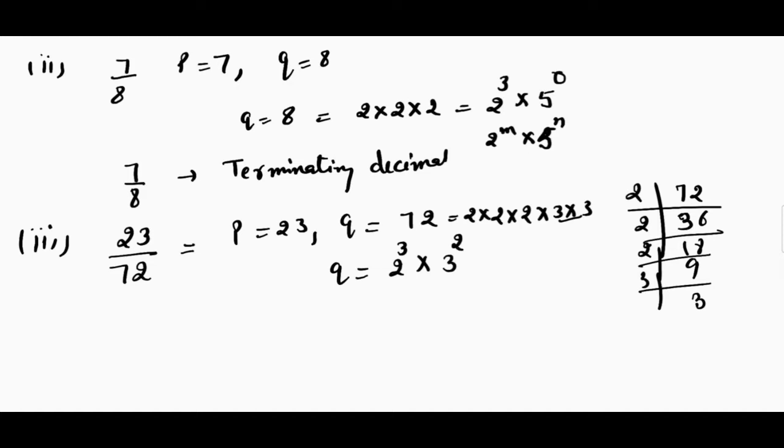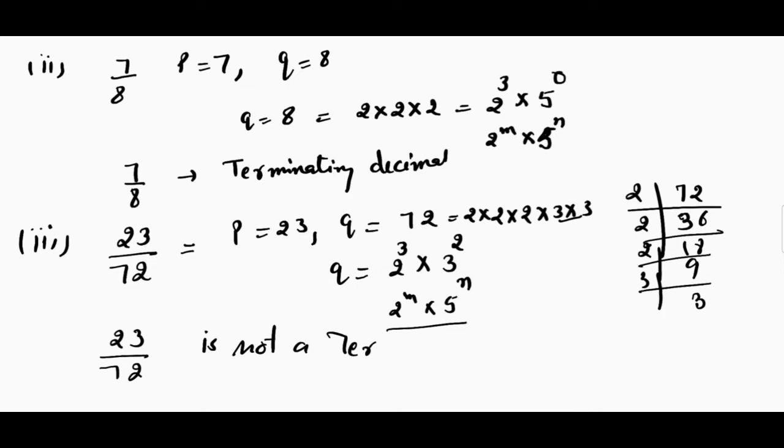Correct, we are not able to write this as 2 raised to power m into 5 raised to power n. So it means 23 divided by 72 is not a terminating decimal. Okay, so now we can find whether the given rational number is terminating or not terminating.